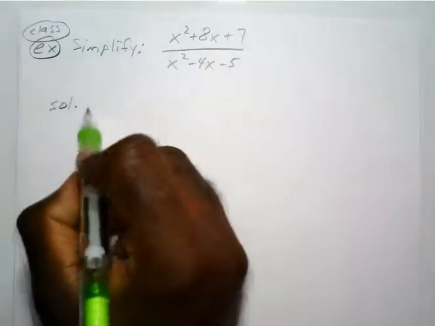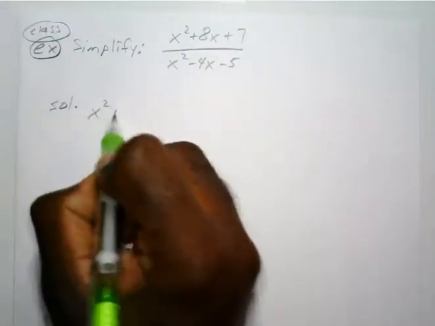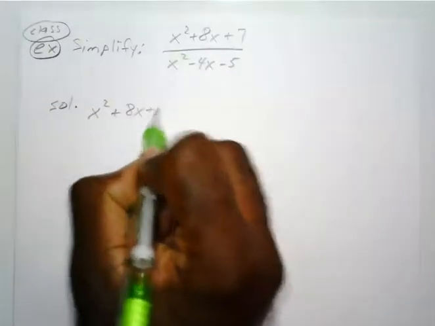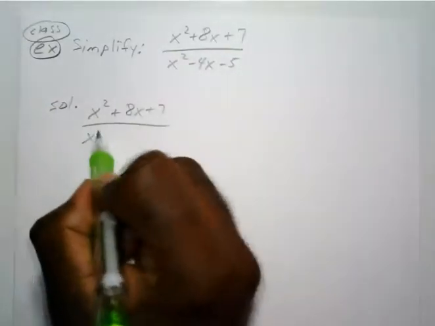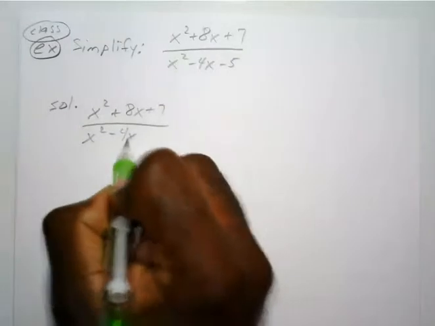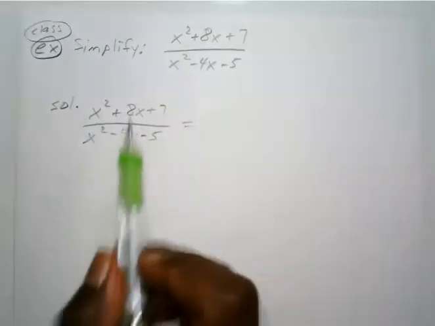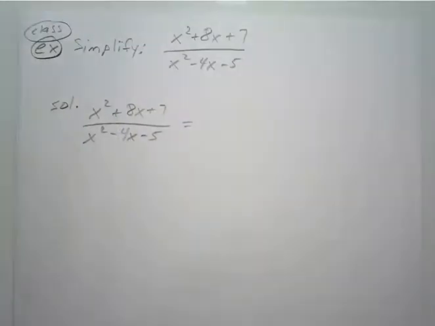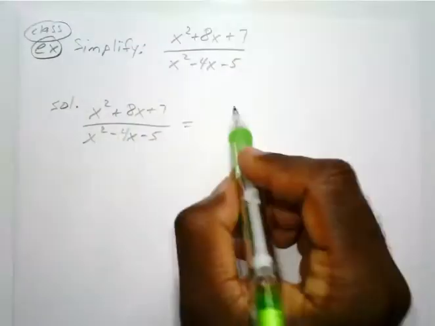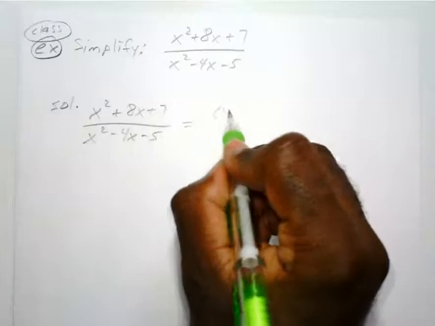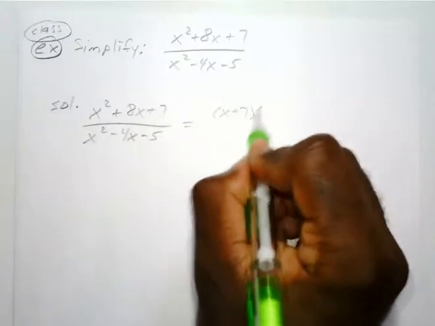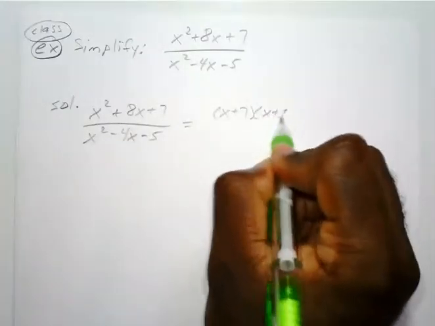Okay, so let's see, we have x squared plus 8x plus 7 over x squared minus 4x minus 5. Now if we factor our numerator, we know that becomes x plus 7 times x plus 1.